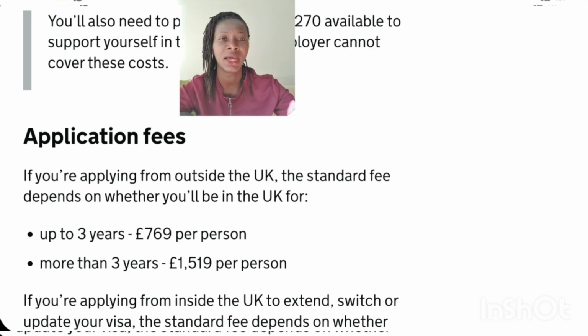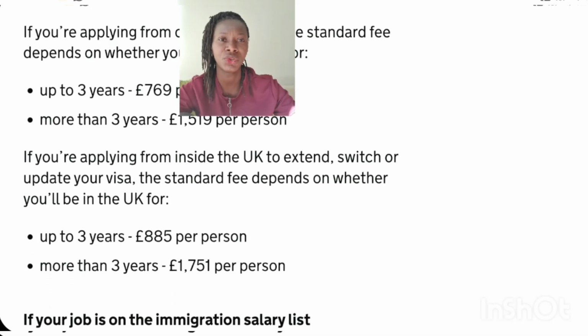If you're applying from inside the UK, for those of us applying for a skilled worker visa from the UK, you are applying to extend, switch or update your visa. The standard fee depends on whether you will be in the UK for up to 3 years, which is £885 per person, or more than 3 years, which is £1,751 per person.